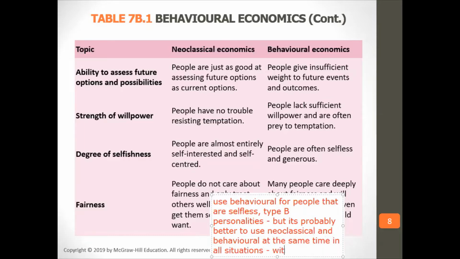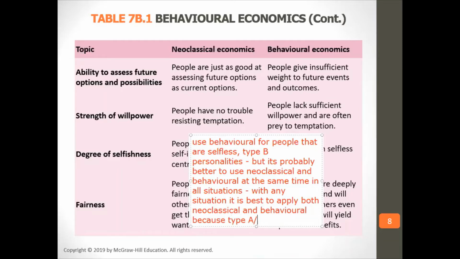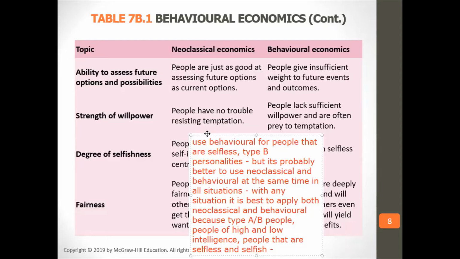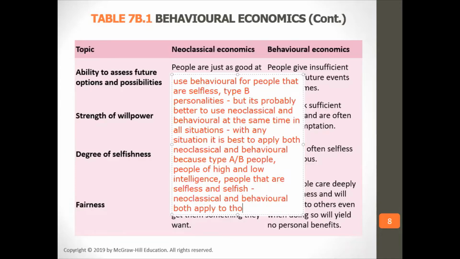With any situation, it is best to apply both neoclassical and behavioral, because type A and B people, of high and low intelligence, people that are selfless and selfish, neoclassical and behavioral both apply to those situations.